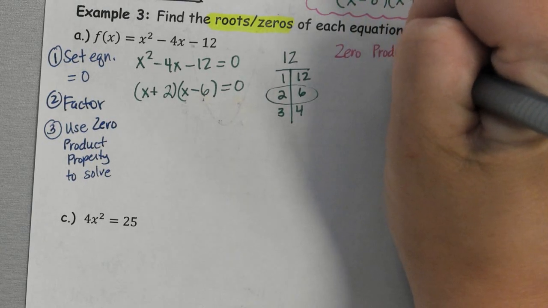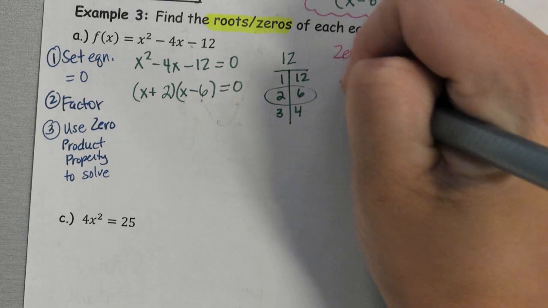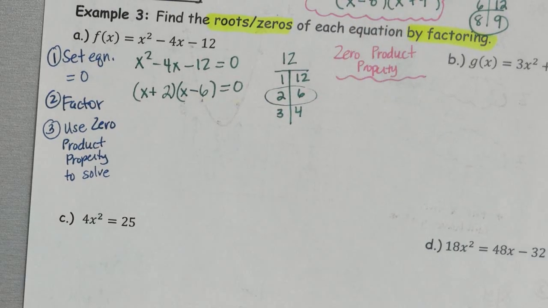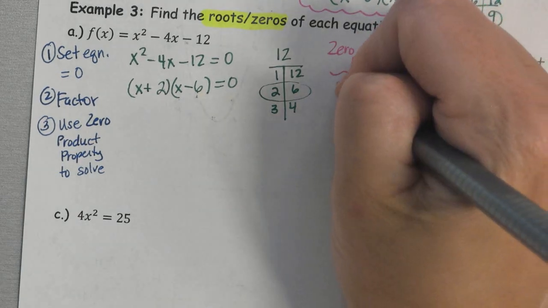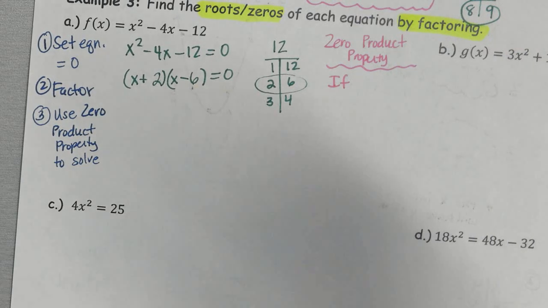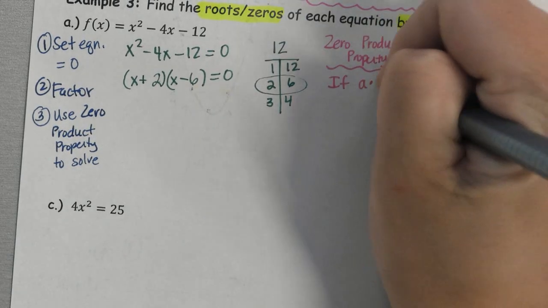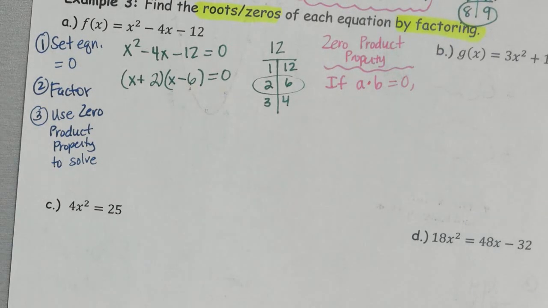So what does product mean? Yeah, it's what you get when you multiply, right? So the zero product property says if you multiply two numbers together, we'll just call them A and B. If you multiply A times B, and that equals 0, we know something about one of those factors.